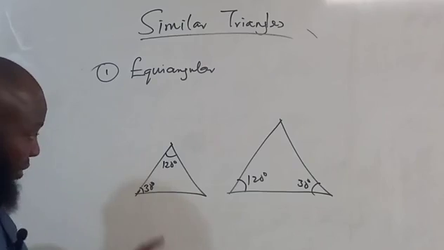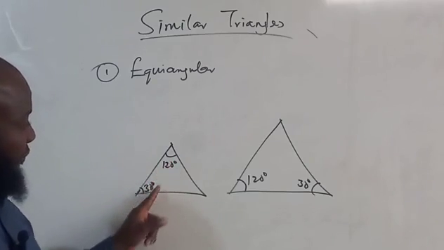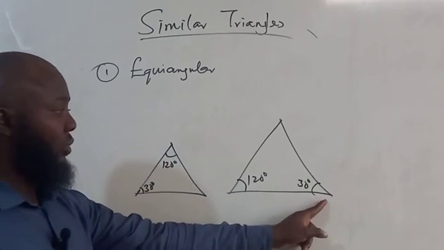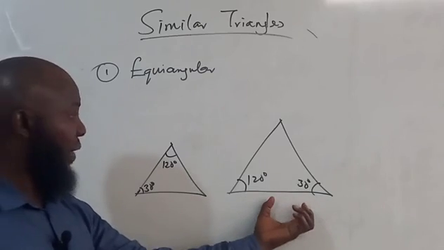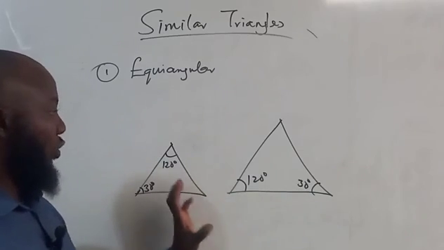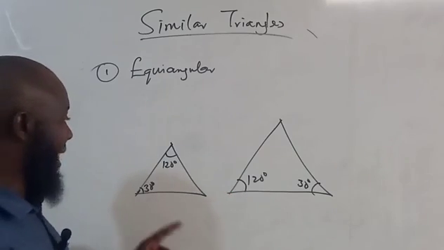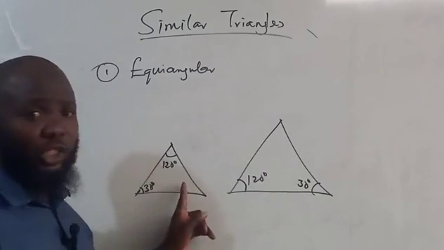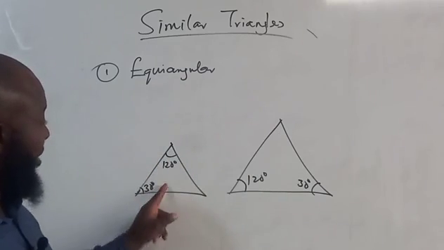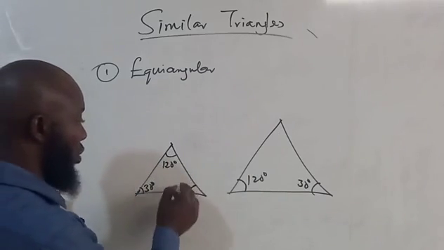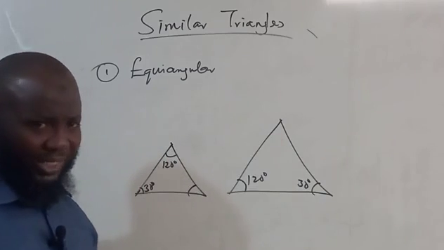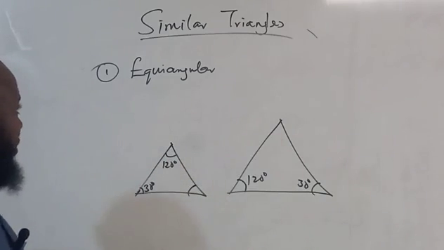Once we are able to see two of these angles being equal to any two of these other angles here, we can conclude that these two triangles are similar, because automatically the third angle will be equal, since the sum of angles in a triangle is 180. That means this will be 60, while this will also be 60. So that is the first condition.